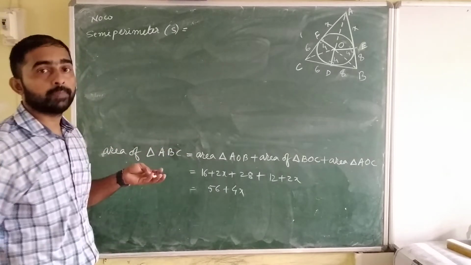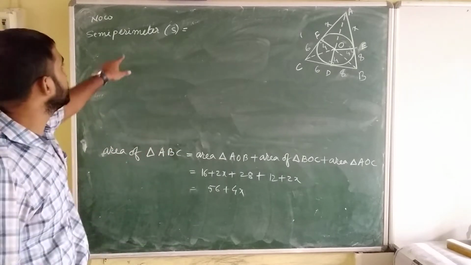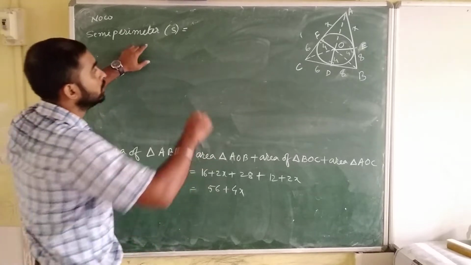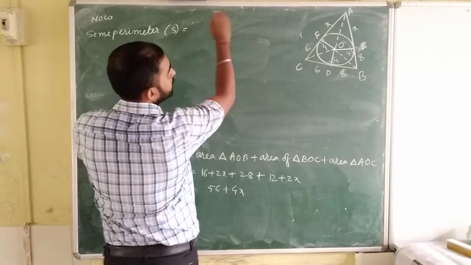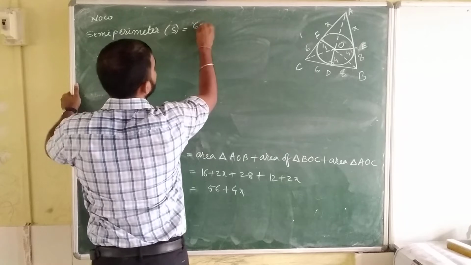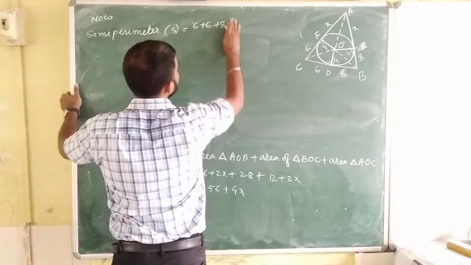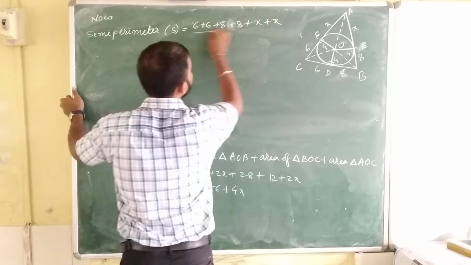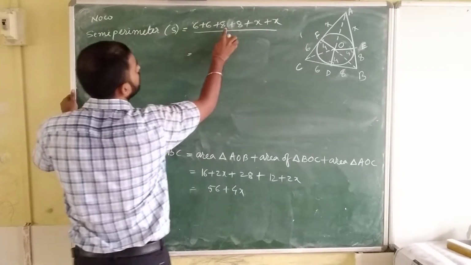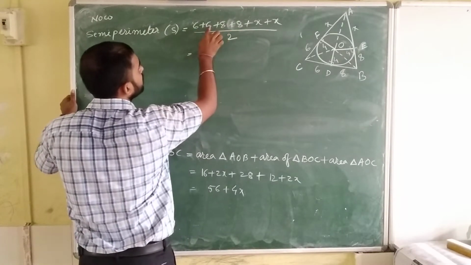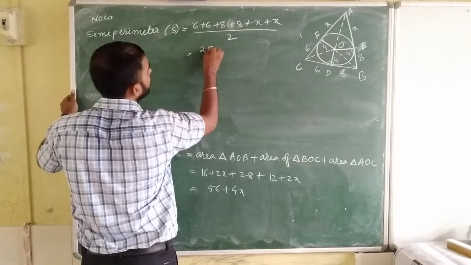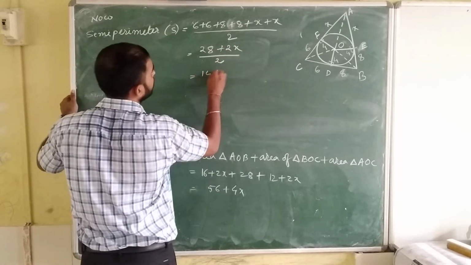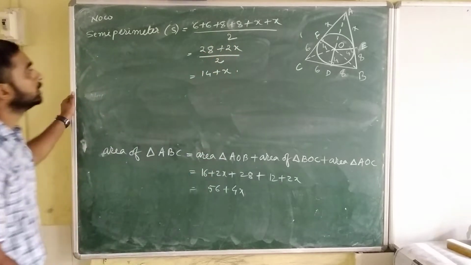Sum of all sides by 2. Means perimeter by 2. Semi-perimeter means half of the perimeter. The sides are 6 plus 6 plus 8 plus 8 plus x plus x by 2. This is 16 plus 12, 28 plus twice x by 2 equal 14 plus x.